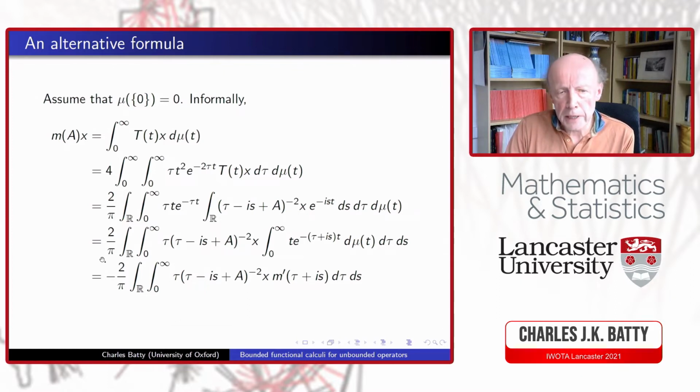The next line depends on Fubini's theorem, and the next line is just observing the fact that for the formula for m, you can differentiate through the integral sign and get a formula for m prime, which happens to agree with what's appearing here. So now we have a formula for all these functions m in the Hille-Phillips algebra.